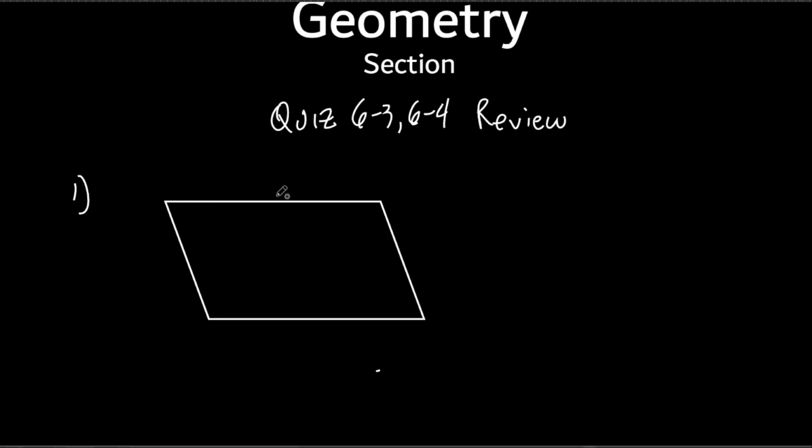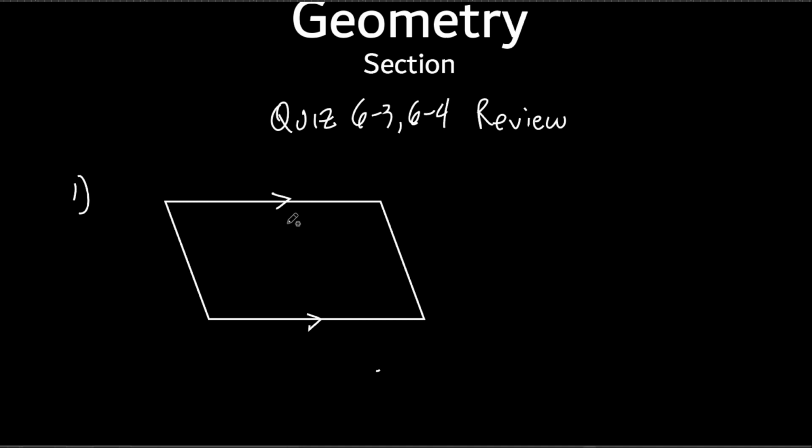So they tell you that this and this are parallel to each other. And it says find the value of each variable that ensures that each quadrilateral is a parallelogram. So right now, just looking at this, can I say that that's a parallelogram?